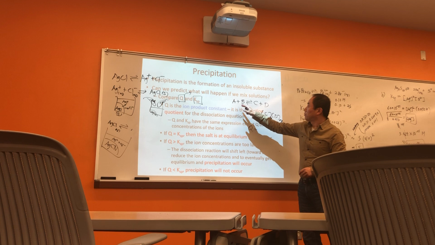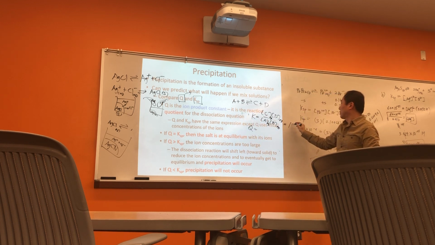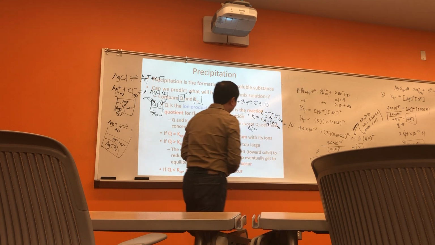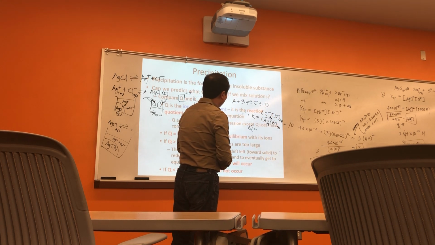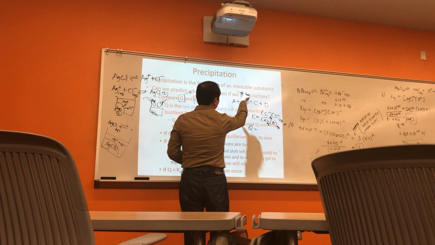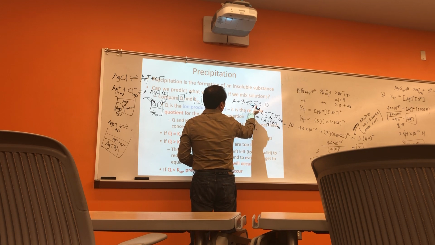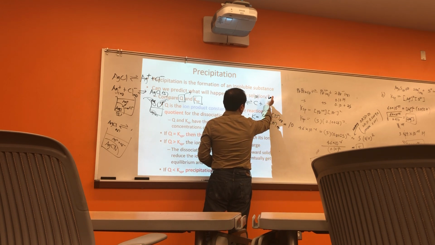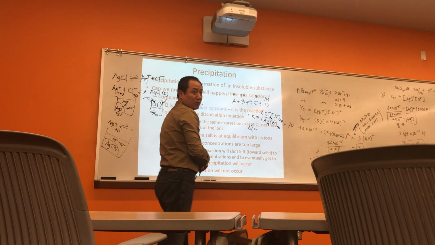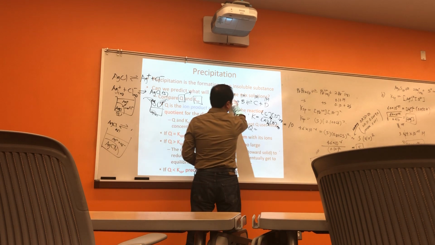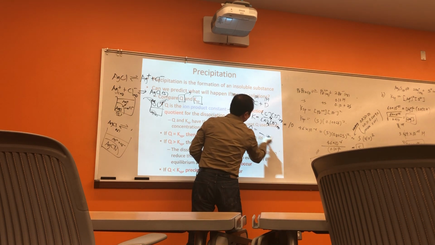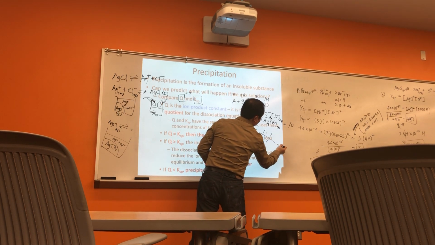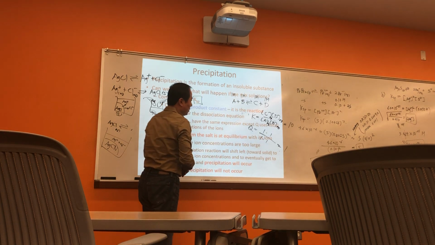Let's say equilibrium constant between these is something like 10. Okay? And then I have, in some situation, let's say, just this concentration. Then if I plug that in, 1, 1, 1, 1, becomes 1. Right?